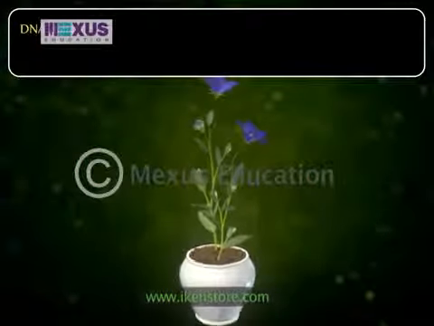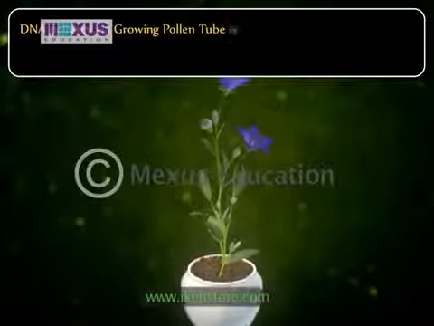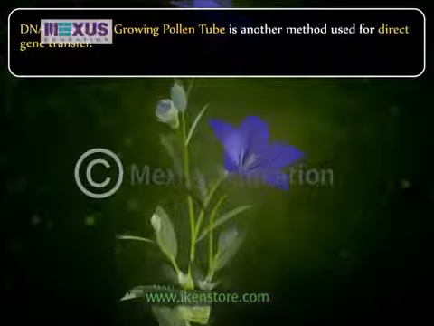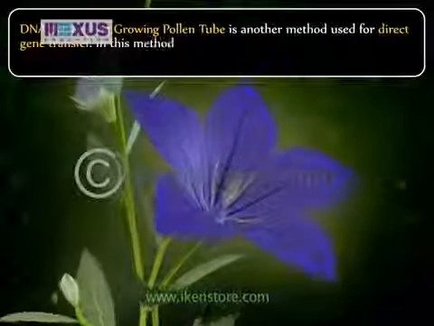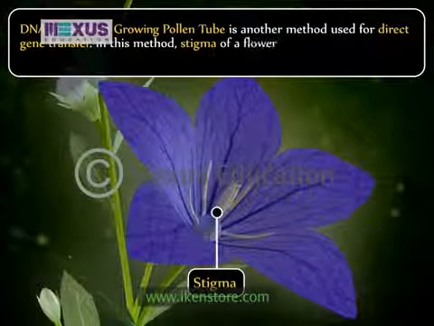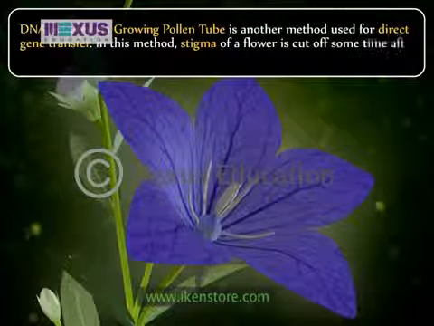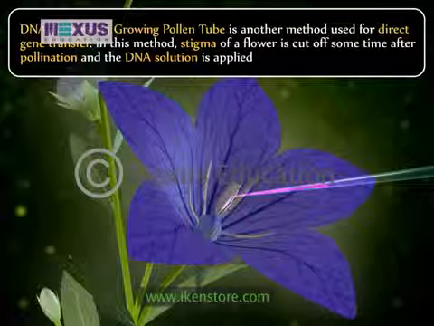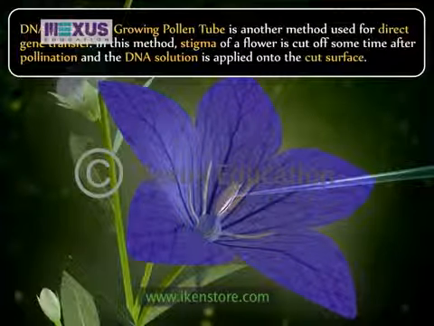DNA delivery via growing pollen tube is another method used for direct gene transfer. In this method, stigma of a flower is cut off sometime after pollination and the DNA solution is applied onto the cut surface.